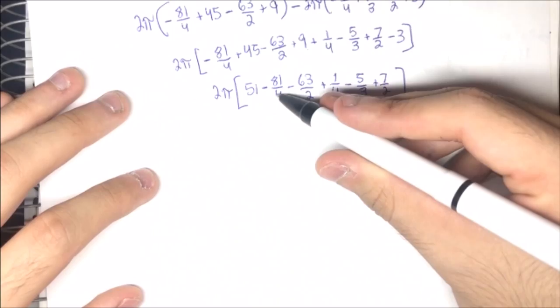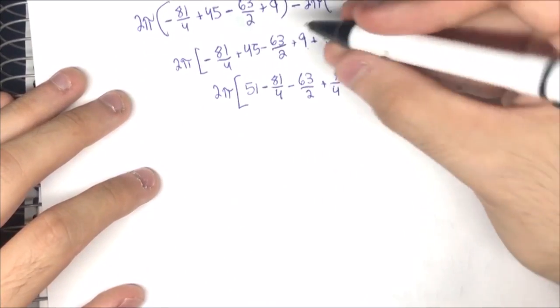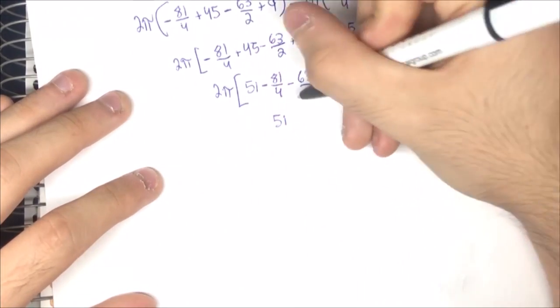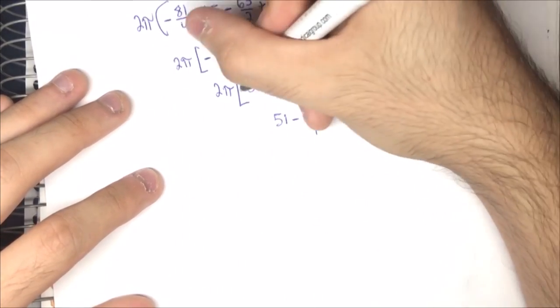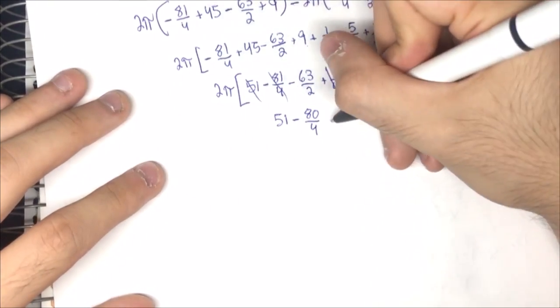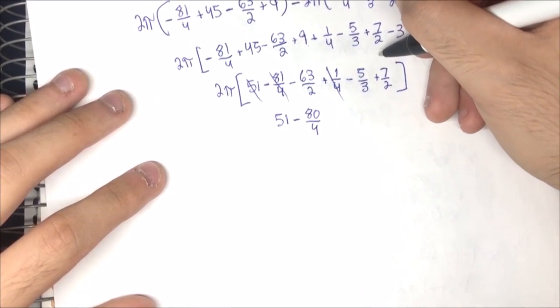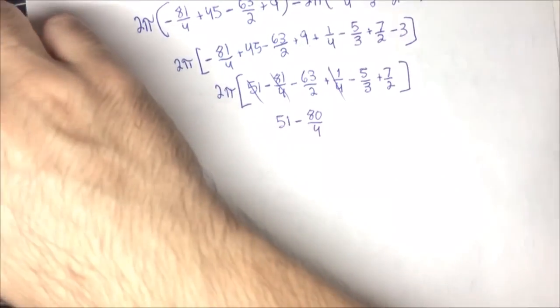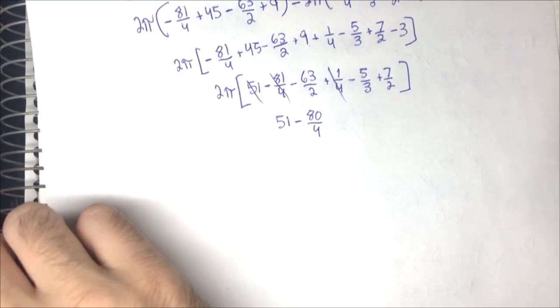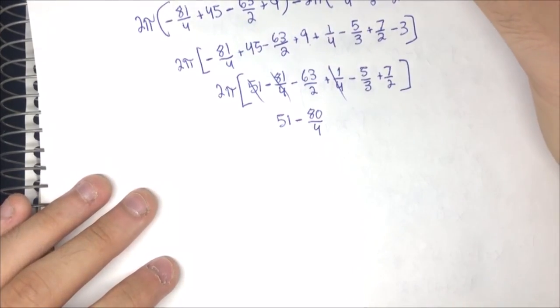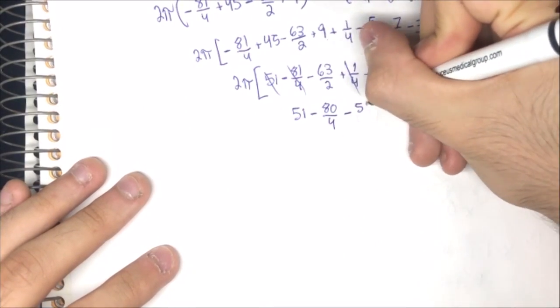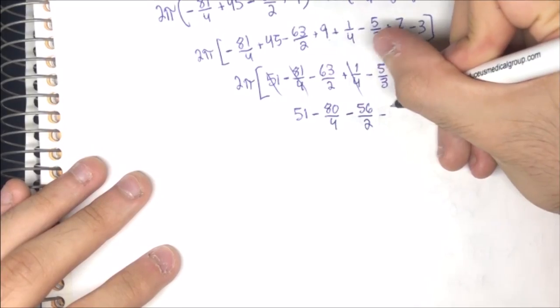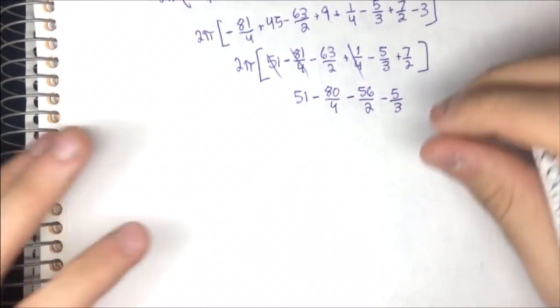So then, let's combine the 4s. So that's going to be 51 minus 80 over 4. Boom. Cancel those out. And then the 2s, let's see. 63 minus 7. All right, 56. It's going to be negative 56 over 2 minus 5 over 3.